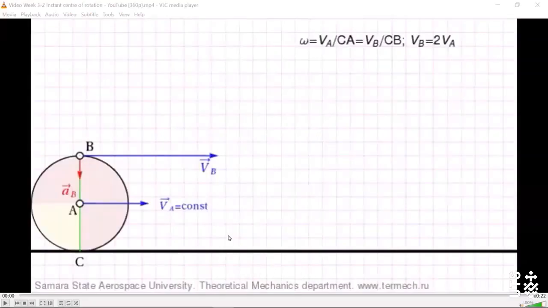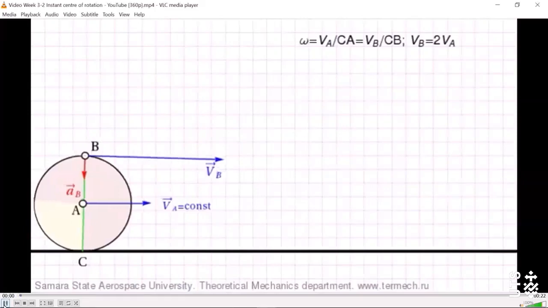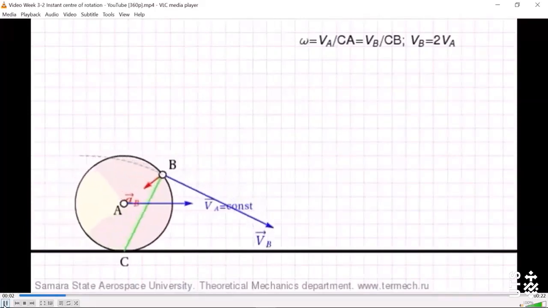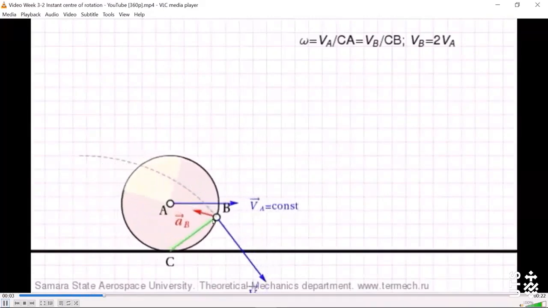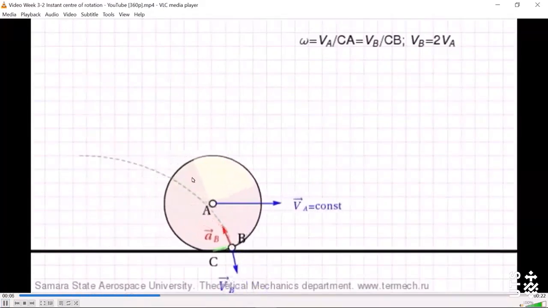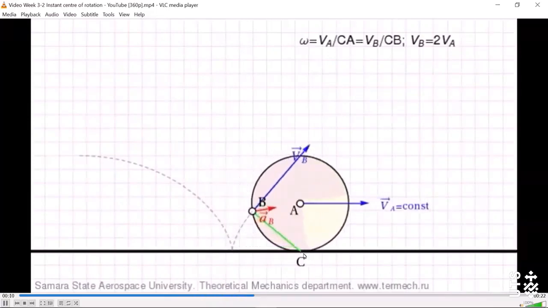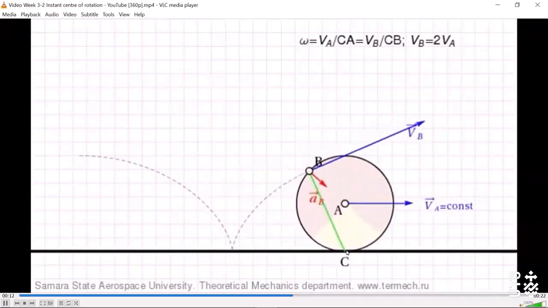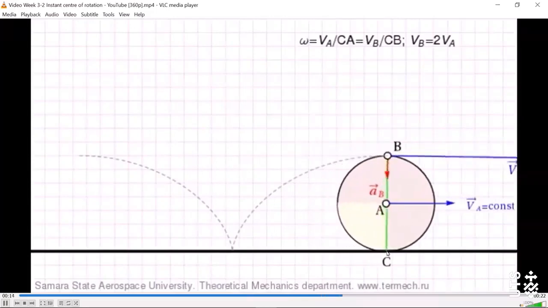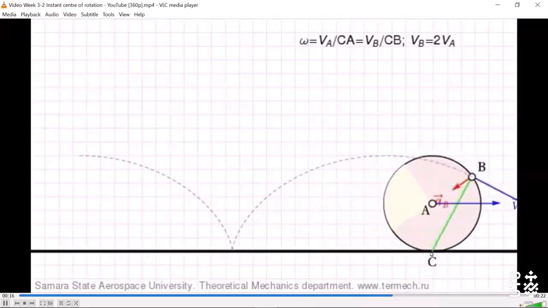Let me show you another video. Okay, and in this case here, a disk or cylinder is rolling on the ground without slipping, so the contact point C is always the IC point.